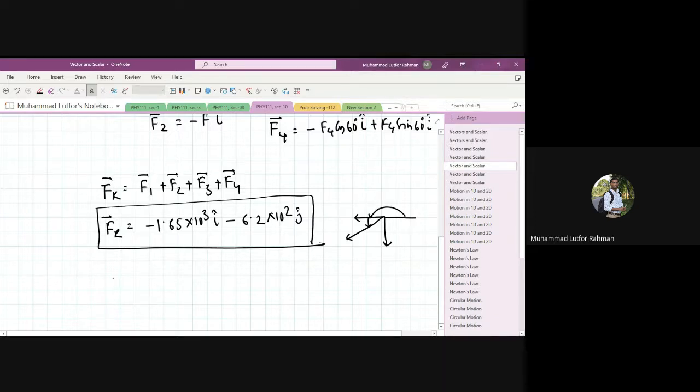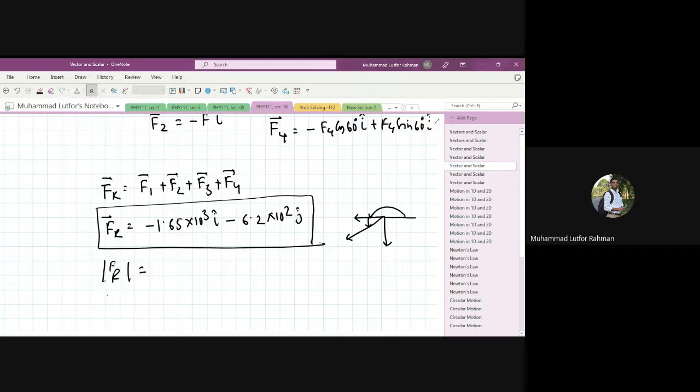You can find out. So then FR, if you say the magnitude of that, let me check that one. It's going to be 1.65 into 10 to the 3 square. I hope you can do that, right?